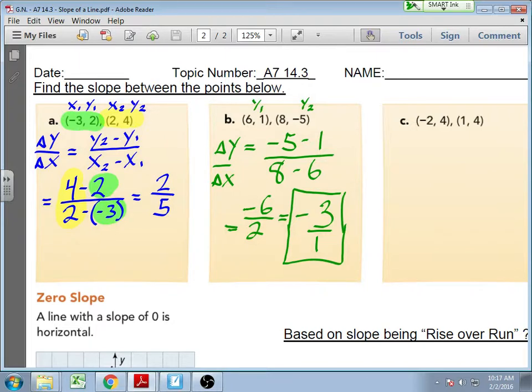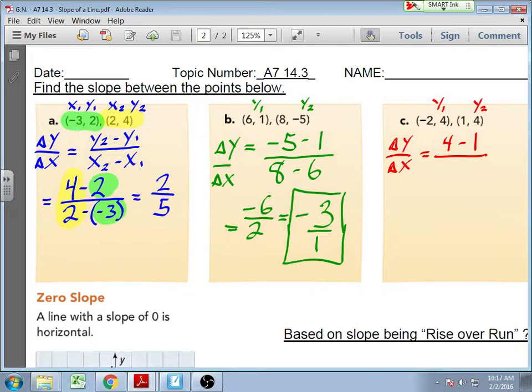Zach? Can I try the next one? Sure. So 4 minus 1, and then 4 minus -2. No, wait. Where'd you get this 1 that you subtracted away? If you make this your y2, then your y1 is 4.